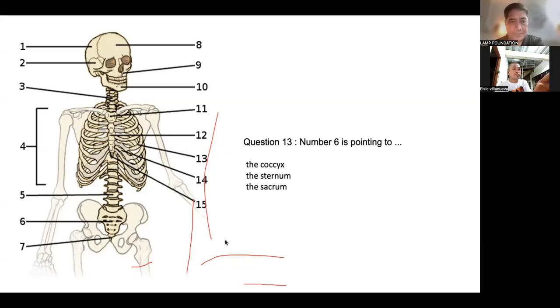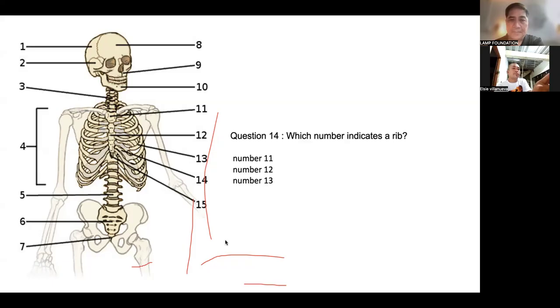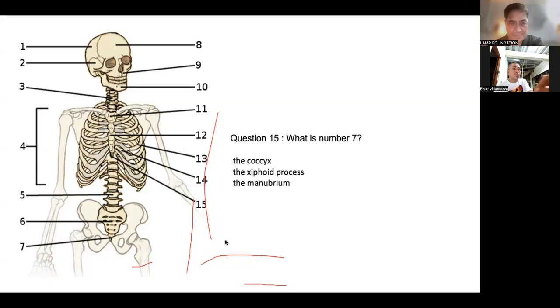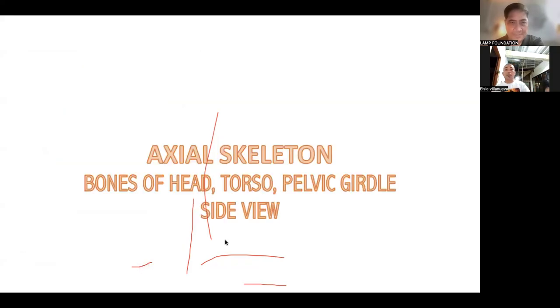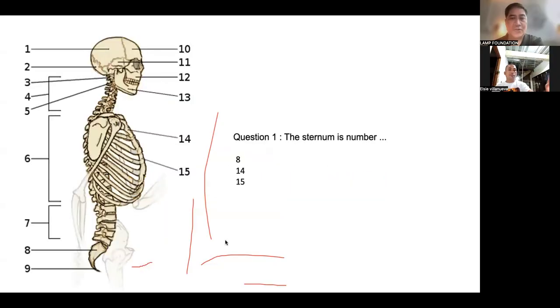Number 15, 6, sacrum. Rib. Number 13, 7, the coccyx. Sternum. Sternum.